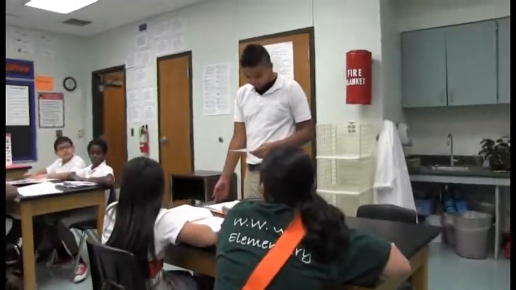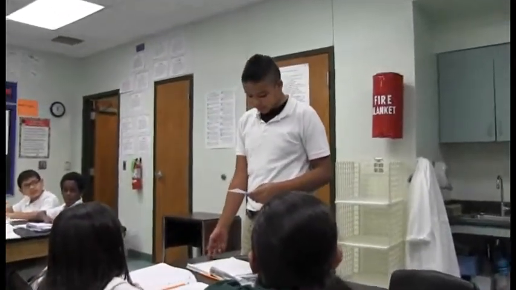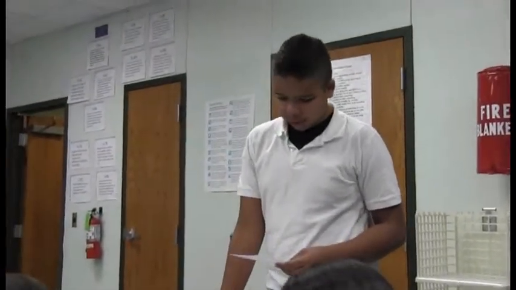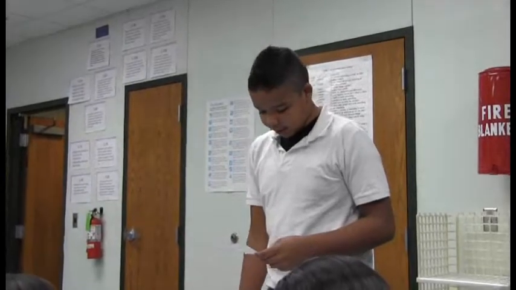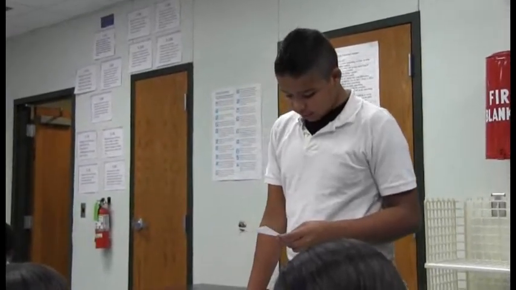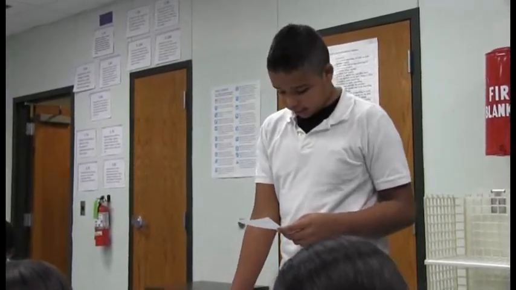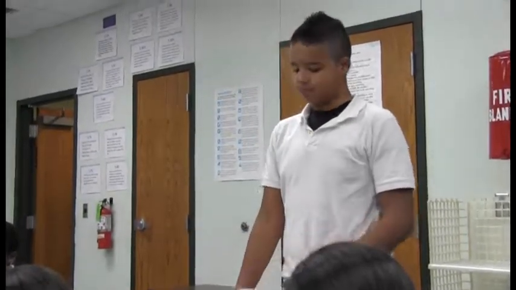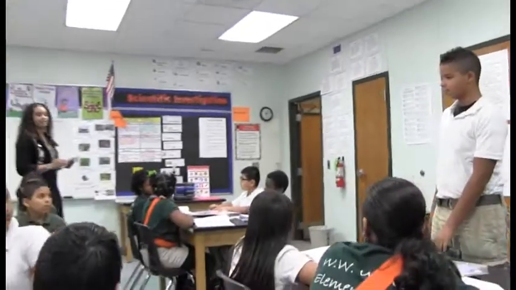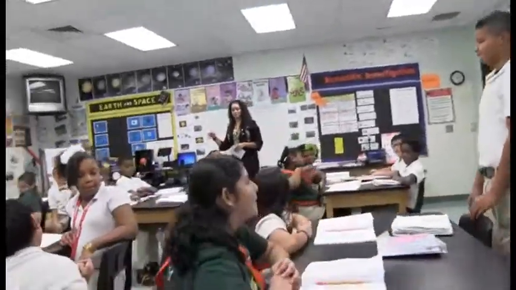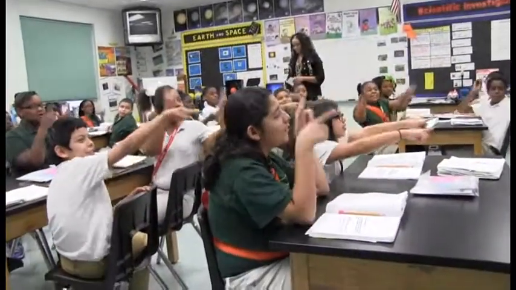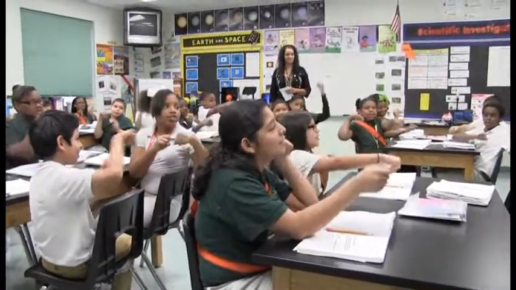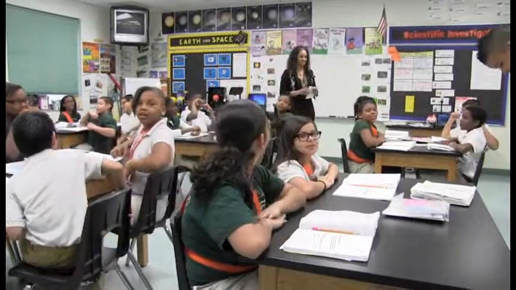I claim that a food web is different from a food chain because a food web is like a spider web and it goes like all over the place. And a food chain is just a simple chain that has the sun, plants and the consumers. Excellent. Let's give him the eye of the tiger. Felix, you got the eye of the tiger. You are a champion. Good job.